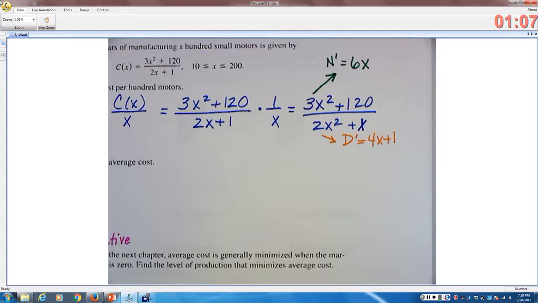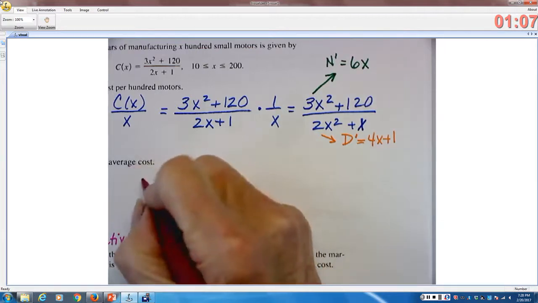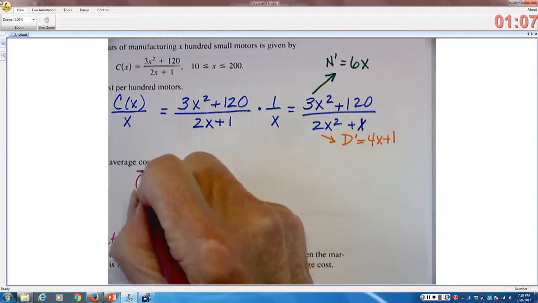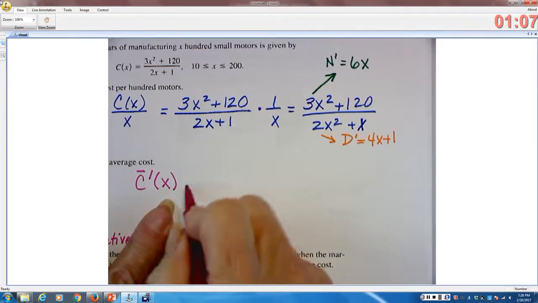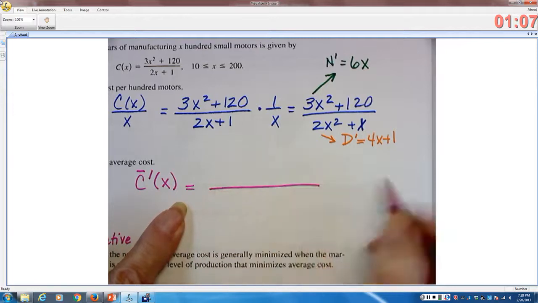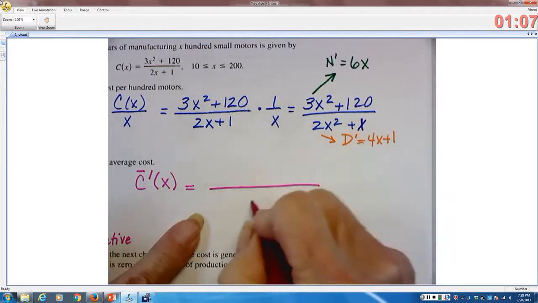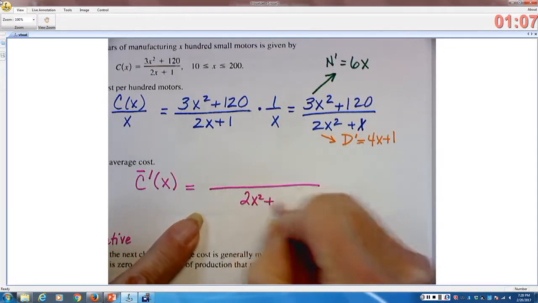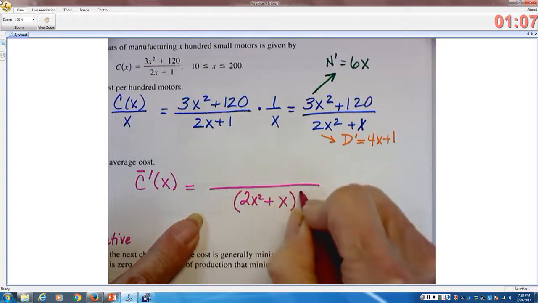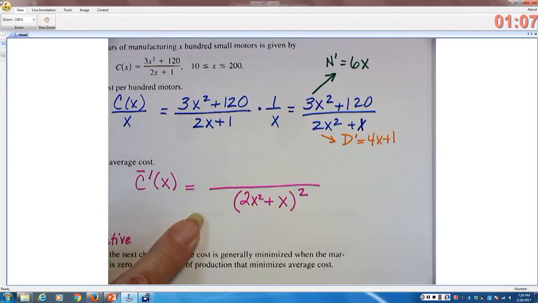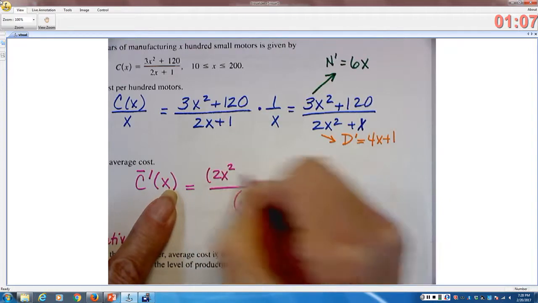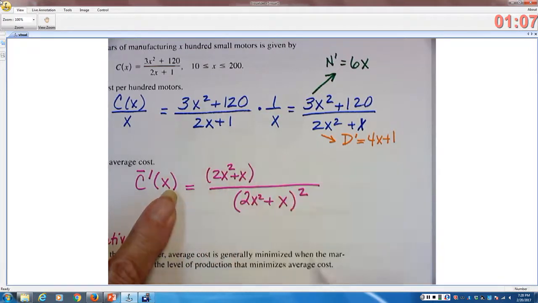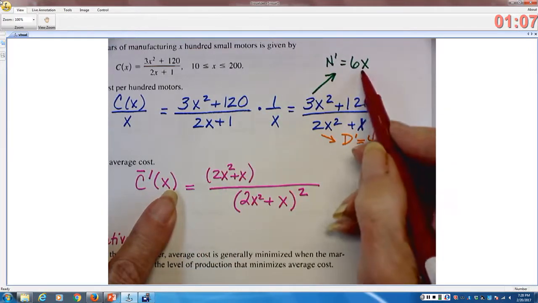So when I do my derivative, C average prime, since it's a quotient, I'm going to take the denominator, 2x squared plus x, I'm going to put it in the denominator and square it. Then I'm going to take that same denominator, 2x squared plus x, and multiply it times the derivative of the numerator, which is 6x.